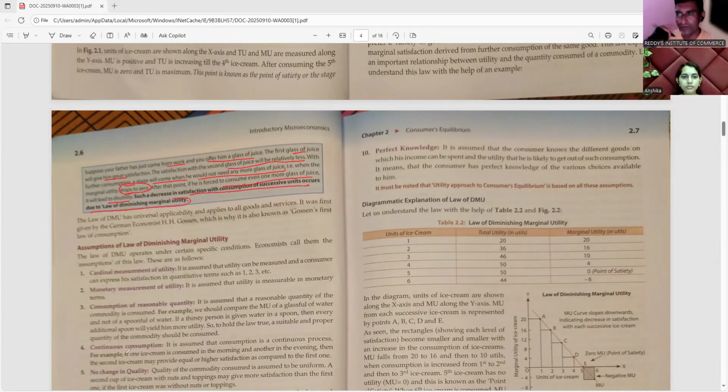When you are consuming the same unit again and again, then after a certain satisfaction level your utility will become zero. And after that, it becomes completely disutility. Your utility becomes completely negative, not zero. After zero, it becomes negative.